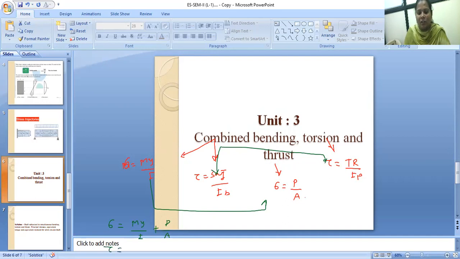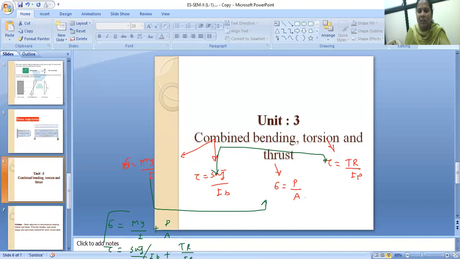And tau, which is equal to S A y bar divided by I B plus TR divided by IP. So this is combined effect of bending, torsion, and thrust.